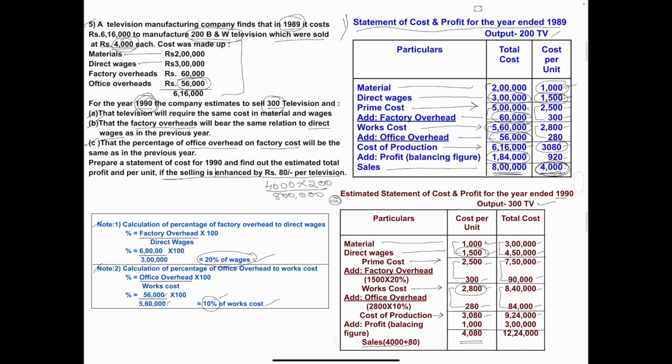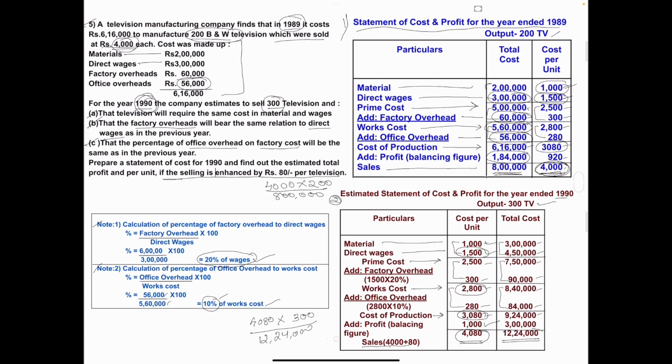Total sales amount: 4,080 into 300, we will get 12,24,000. From 4,080 minus 3,080, you will get 1,000.